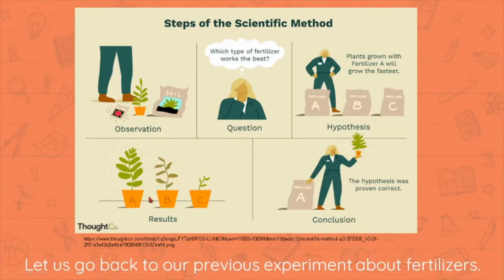Based from your experiment, your results showed that plants with fertilizer A is the best result. Therefore, your conclusion is your hypothesis was proven correct. So you're now going to accept this hypothesis in which the fertilizer A is the best fertilizer among the 3.